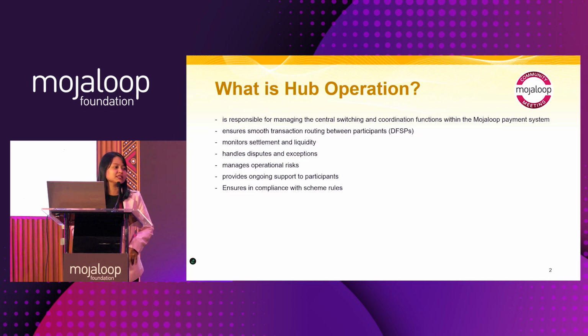It means that we need to ensure the hub receives the payment from the payer DFSP, and we route it to the correct destination payee DFSP based on a unique identifier like mobile phone numbers, bank ID or alias, etc. And also we need to ensure that all the participants, such as the mobile money operators, banks, microfinance institutions, fintechs, etc., can connect to the payment scheme and can transact with each other, regardless of their internet technology and core banking system.